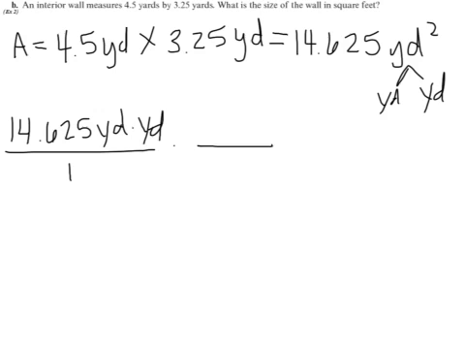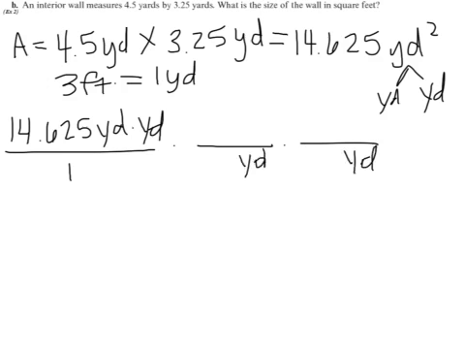Like I just said, I have to convert both of those yards. I know that 3 feet equals 1 yard. I don't want yards anymore, they're on top, so I need them to be opposite of where they are right now so that it'll cancel out. I'm changing them into feet, so I need those to be there as well.